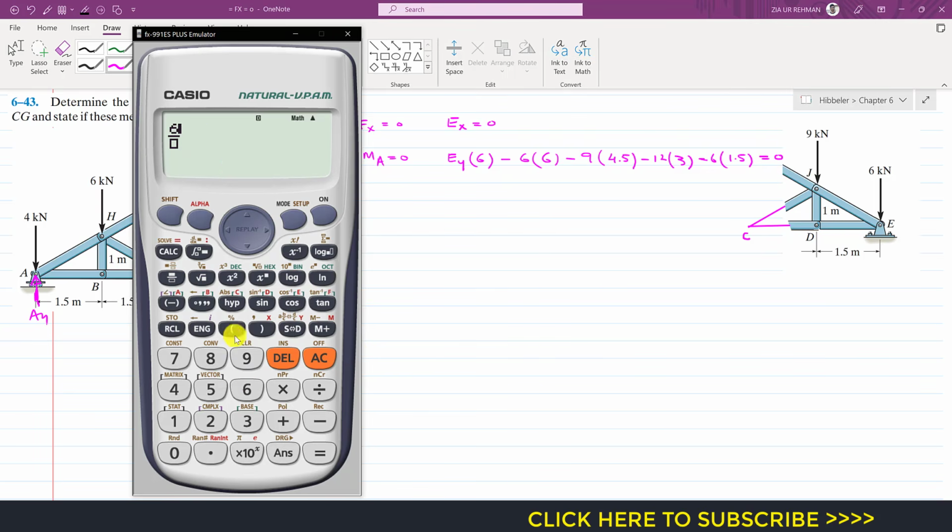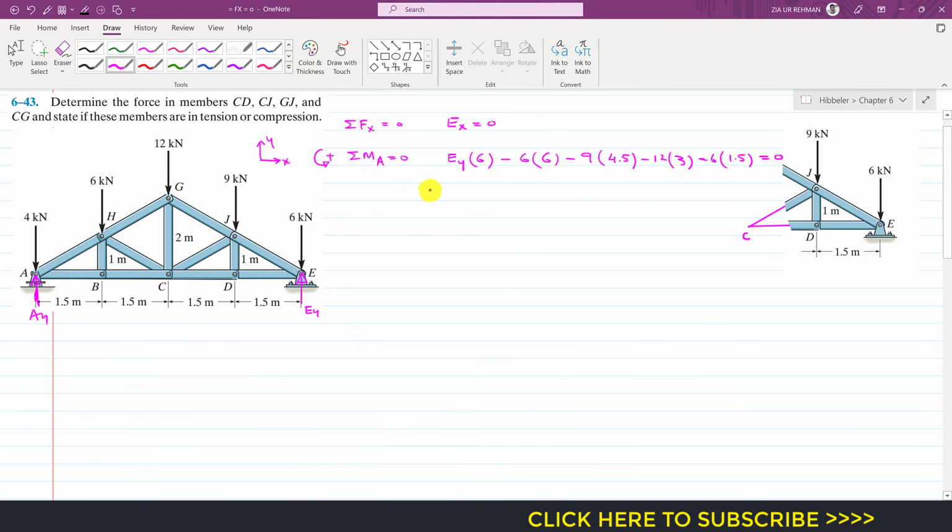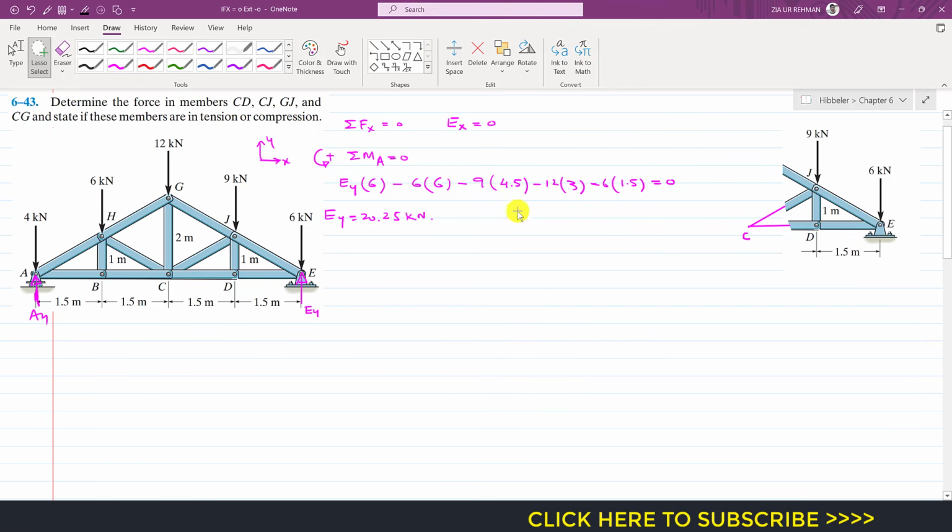So we will have 6 into 6 plus 9 into 4.5 plus 12 into 3 plus 6 into 1.5, divided by the moment arm of Ey. So we will divide it by 6. So Ey comes out to be 20.25 kilonewtons.